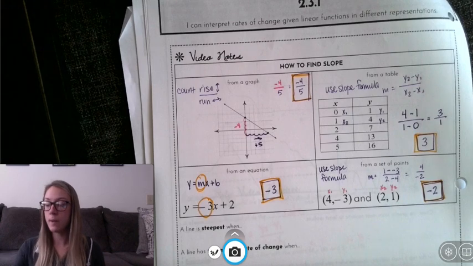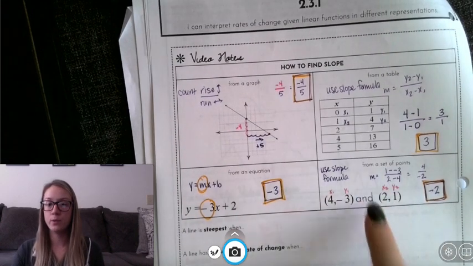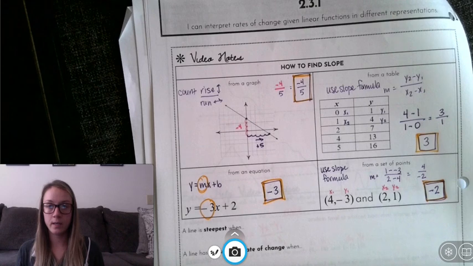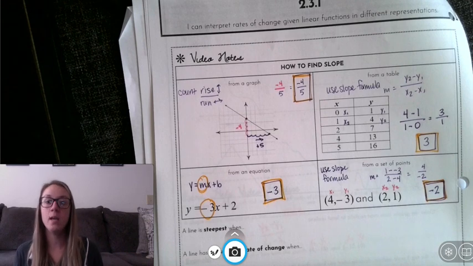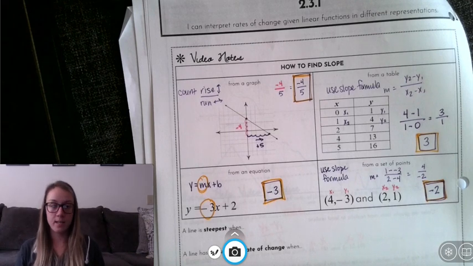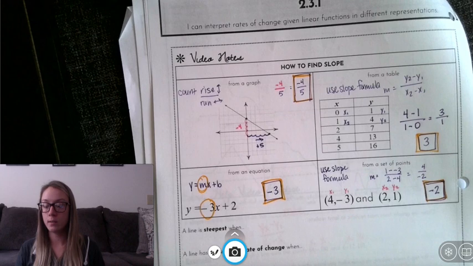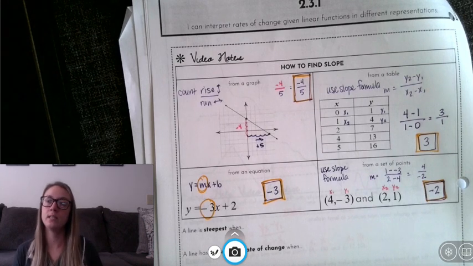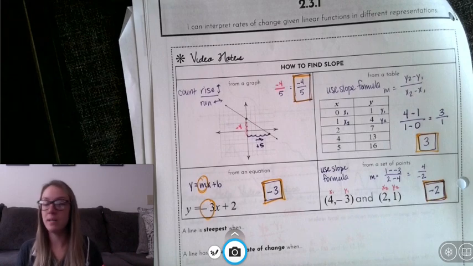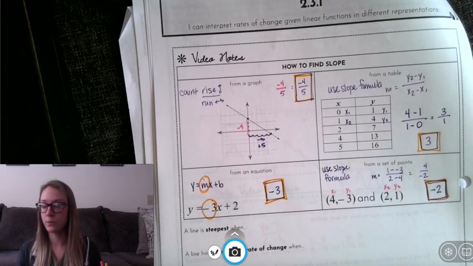So that's how we find the slope from those 4 different representations. And we need to know that when we're asked a question. So in the 3.0 section, what the questions are going to ask is like which slope is steepest, or which slope is least steep, or which one has the greatest rate of change. And we need to be able to compare those.